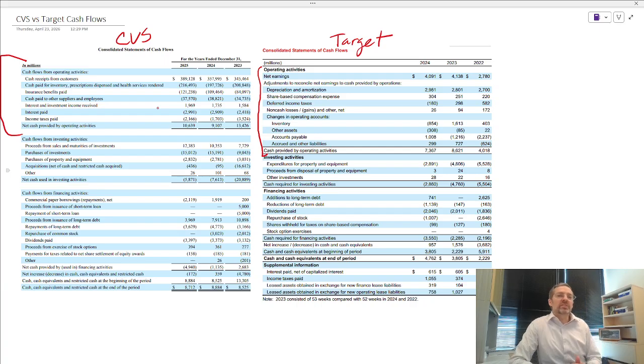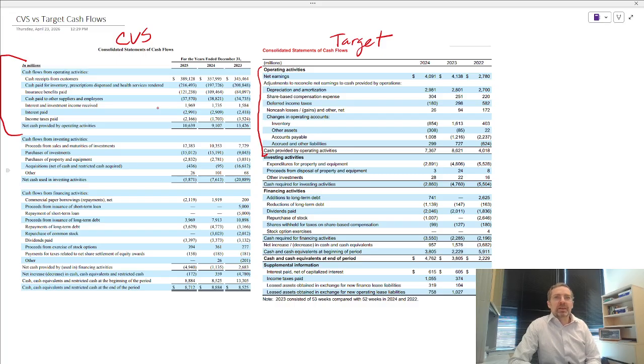Let's try to answer the same questions using Target's statement of cash flows. Let's look at Target's and ask, how much did Target get from their customers? And I'm looking down that list, and I am not seeing anything that tells me how much they got from their customers. How much did they pay their employees? I don't see that either.